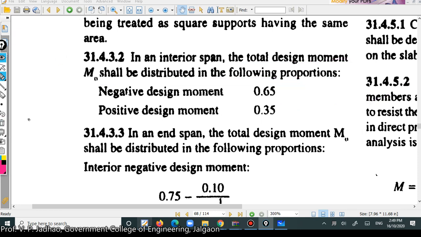So what we are doing is, we want to calculate the distribution of 264.6 multiplied by 0.35. This will be distributed among the column strip and middle strip. This is the positive bending moment. So we have to get this bending moment distributed now.